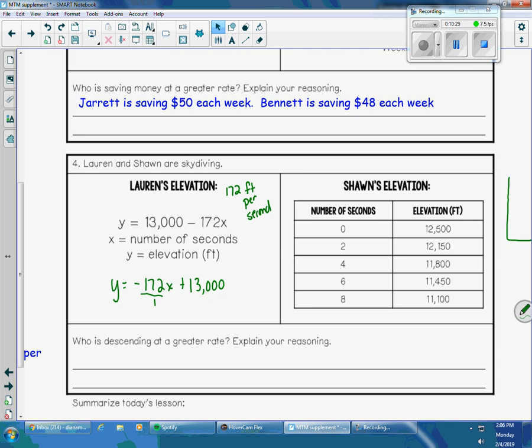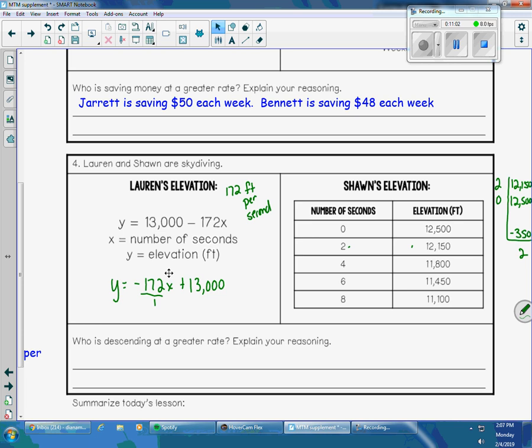I'm actually going to take this point, 2 and 12,150. I'm going to put that one first, and then I'm going to do 0 and 12,500. 2 minus 0 is 2. 12,150 minus 12,500 is negative 350.